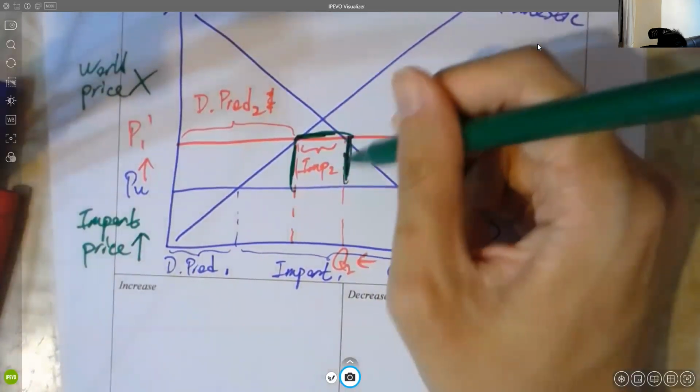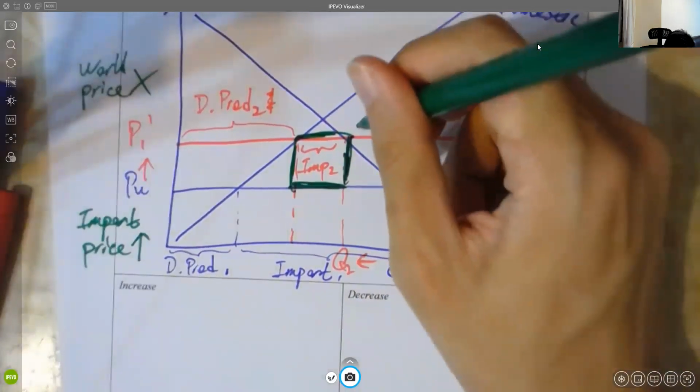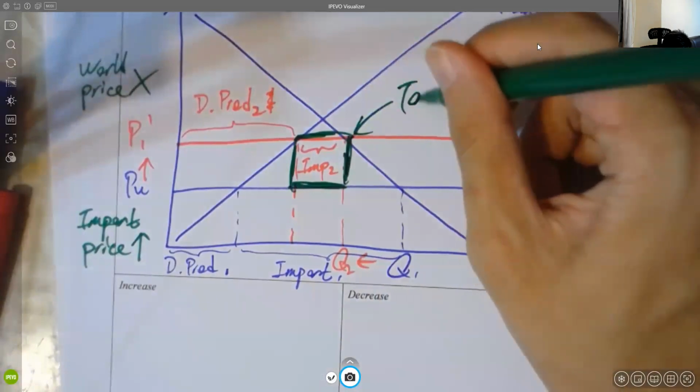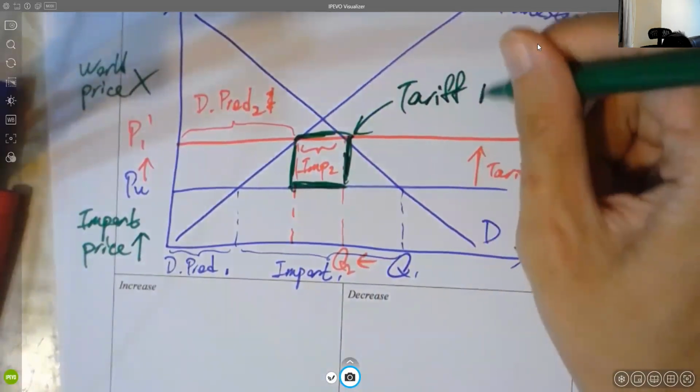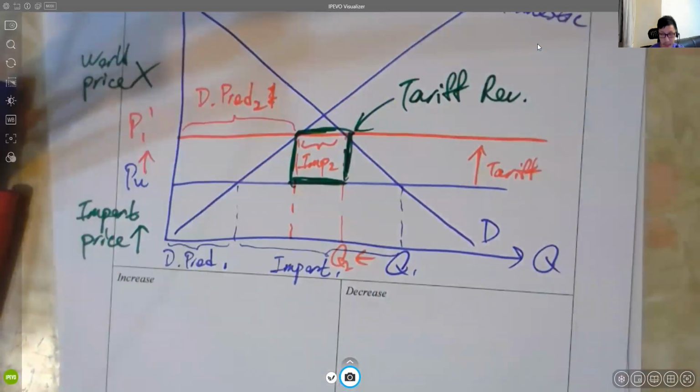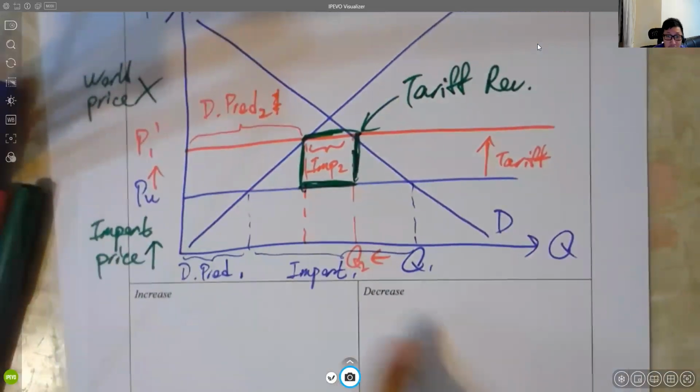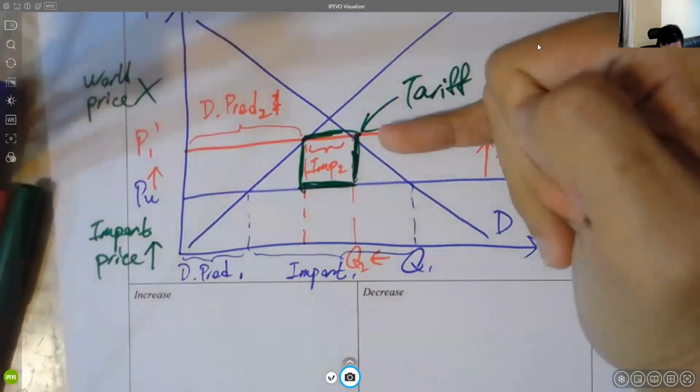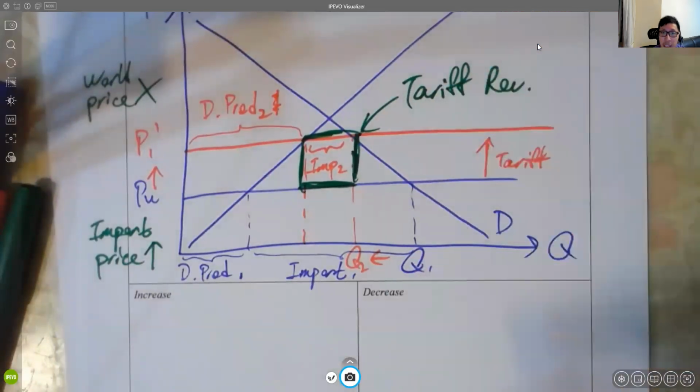Therefore, this green box will be our tariff revenue to the government. So for increase and decrease, you just try to push this up or this down, then you will see the result.